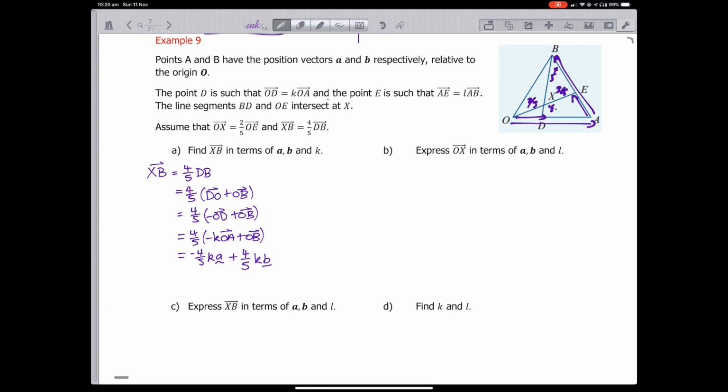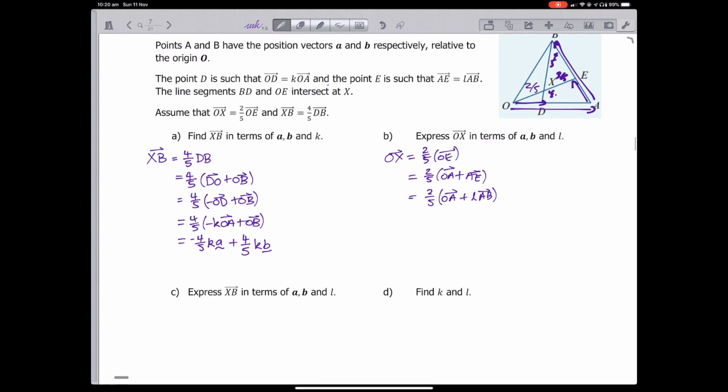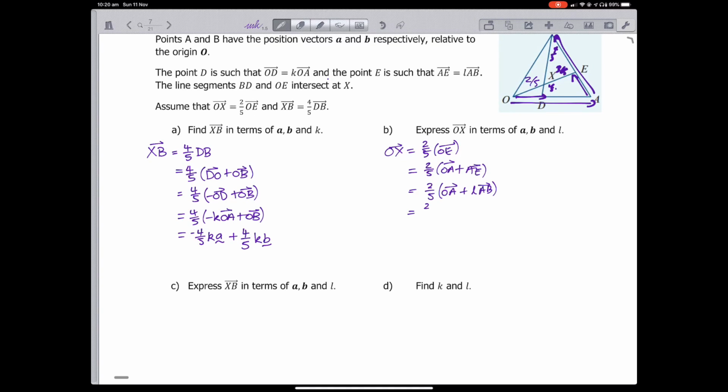Express OX in terms of A, B and L. Okay, so we know OX was 2/5 OE, and that is 2/5 of OA plus AE, which is 2/5 of OA plus L AB. Now AB is AO, or negative OA, plus OB.